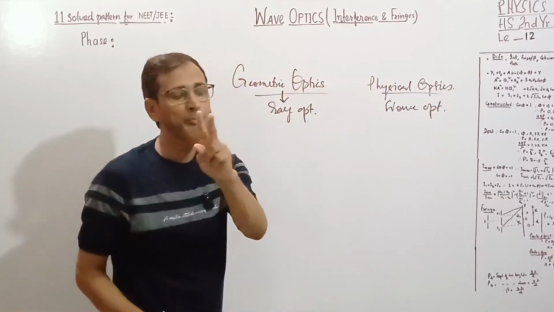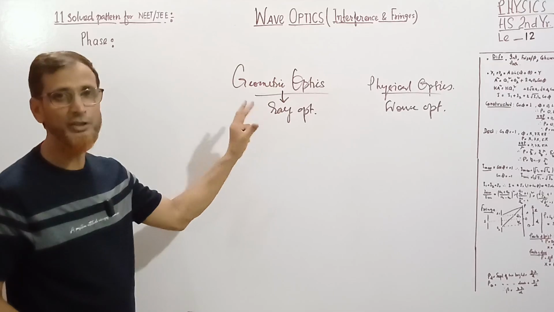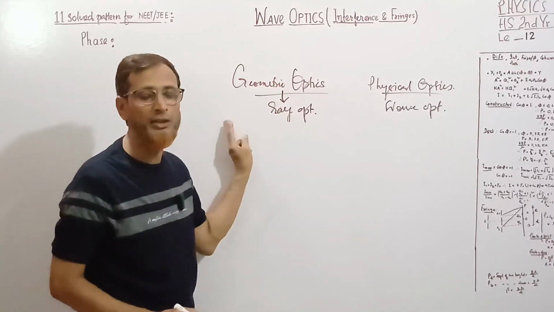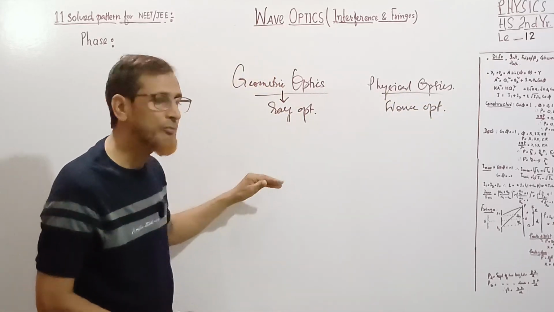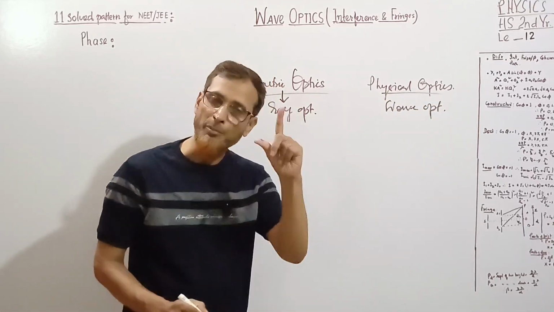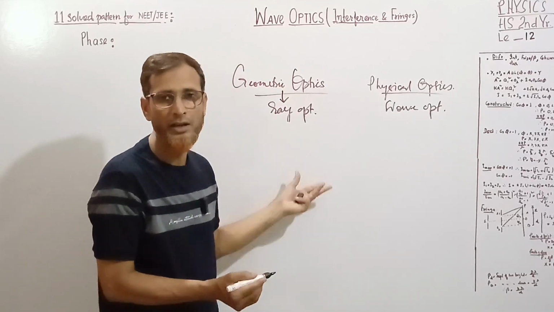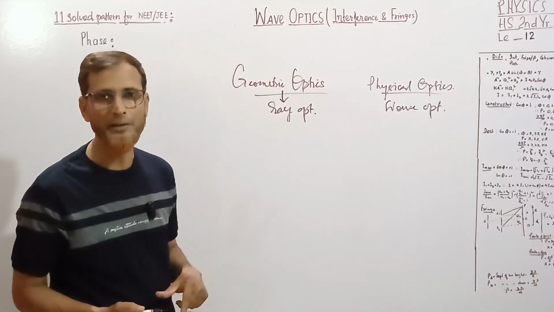At the very beginning, I told you that some of the questions which I put forward could not be explained with the help of ray optics, because in ray optics it is assumed that a ray moves in a straight line. Number two, a ray reflects when it falls upon a reflecting surface. Number three, a ray can refract when it is placed in a refracting medium like glass or water.